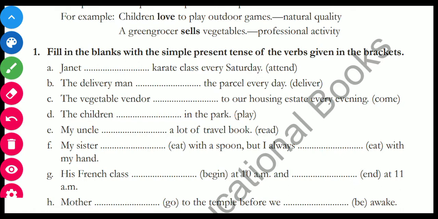So we have to fill the blank with the word attend using simple present tense. क्यों? क्योंकि because the word every is placed over, that means this is the routine of Janet. So Janet attend क्या होगा? Verb with s or es, that means attends. The answer would be attends.